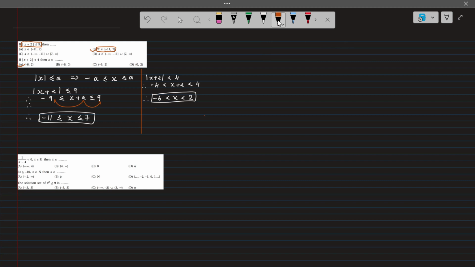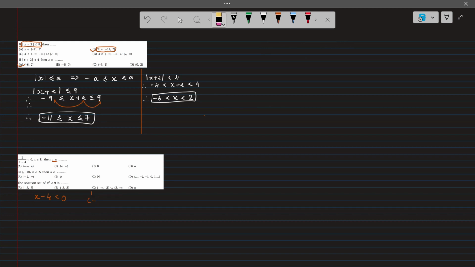1 upon x minus 4 is less than 0. X belongs to... Since 1 upon x minus 4 is negative, we can even say x minus 4 also has to be negative because 1 upon negative term only becomes negative.